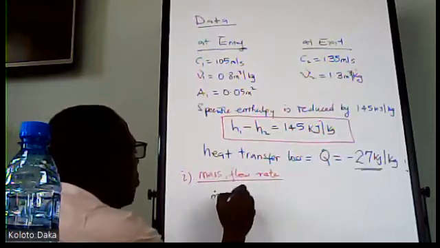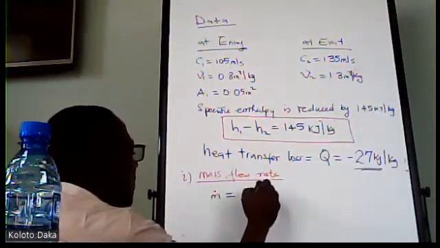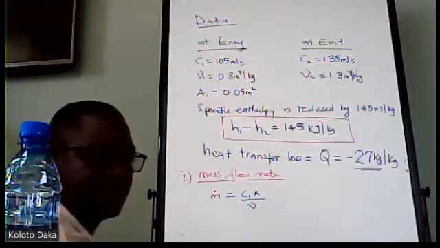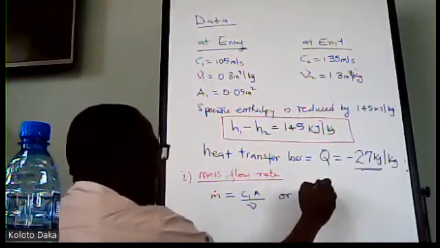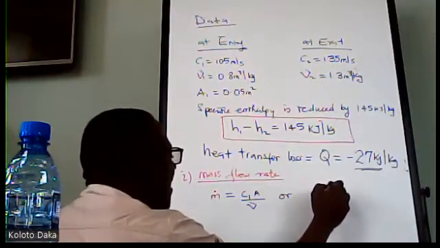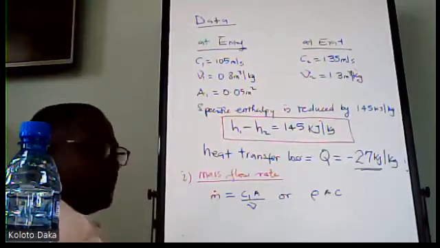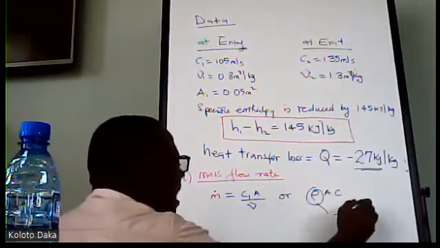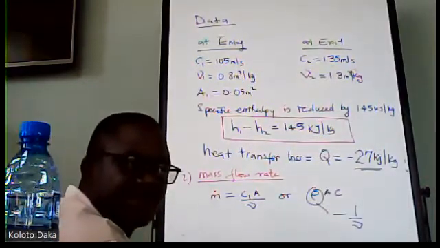It is equal to C multiplied by area over specific volume, or density multiplied by area multiplied by velocity. But remember that density is the same as 1 over specific volume.